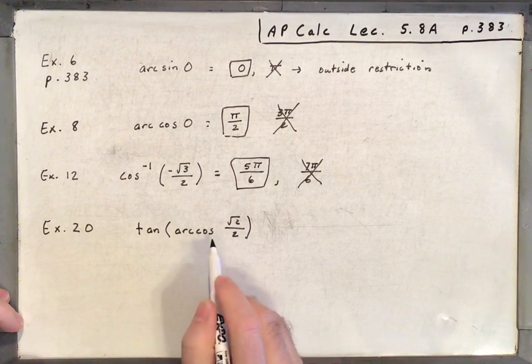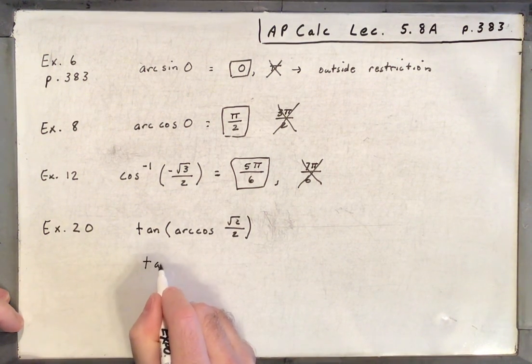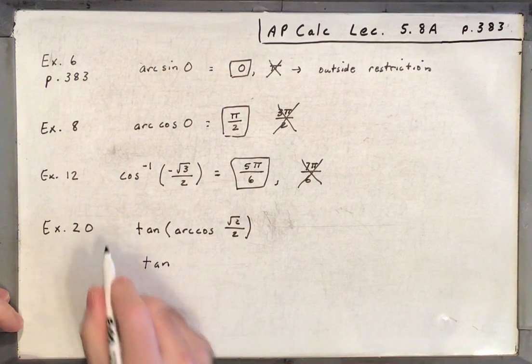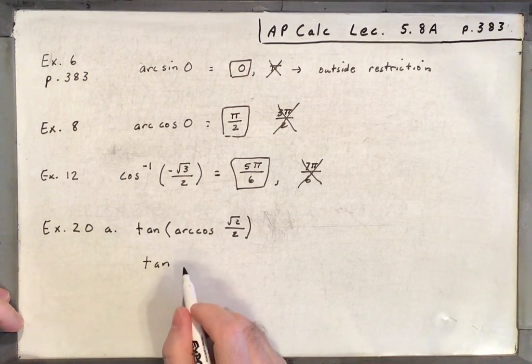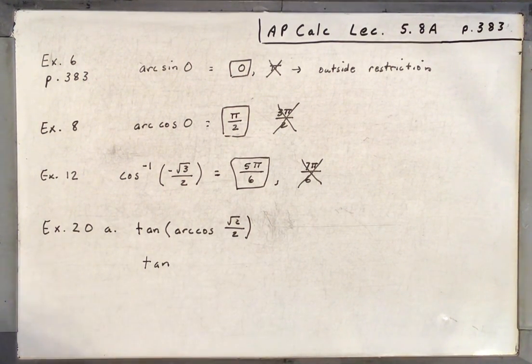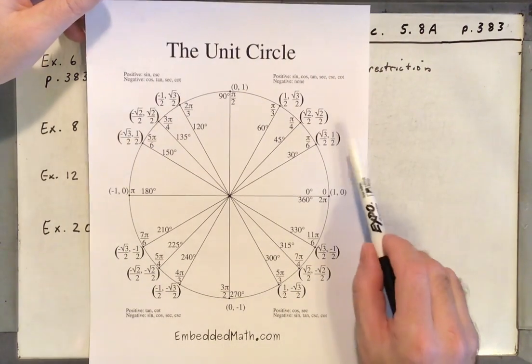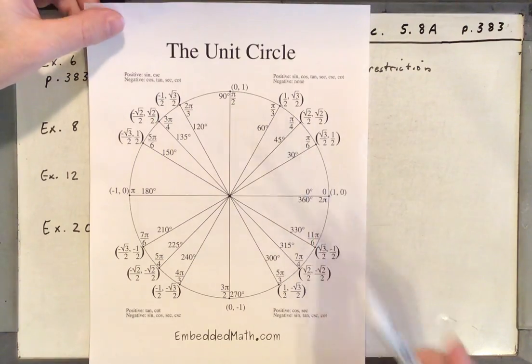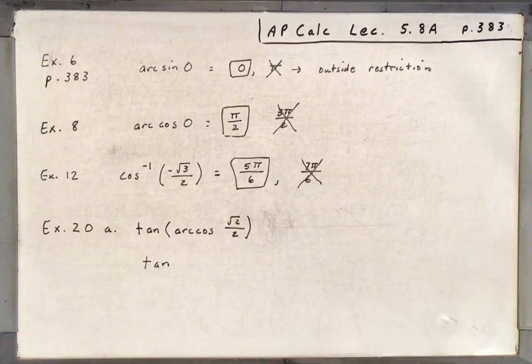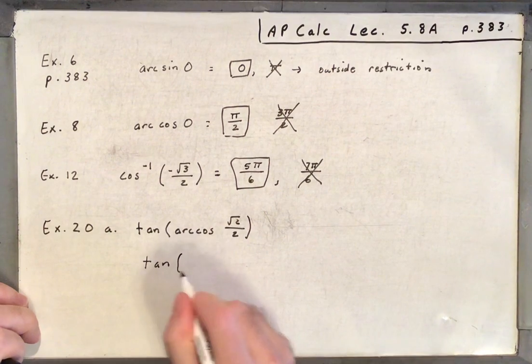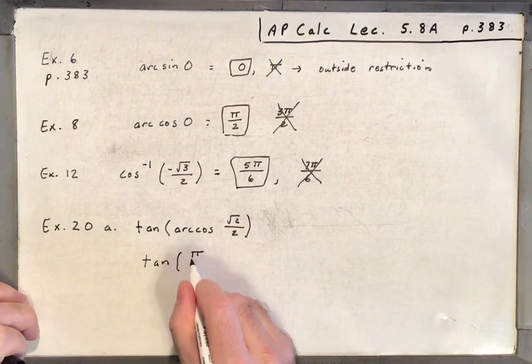So the arc cosine, this is part A, by the way. The arc cosine of root 2 over 2, if you look on your unit circle, the angle whose cosine is root 2 over 2 is pi over 4. So let's plug that in, pi over 4.